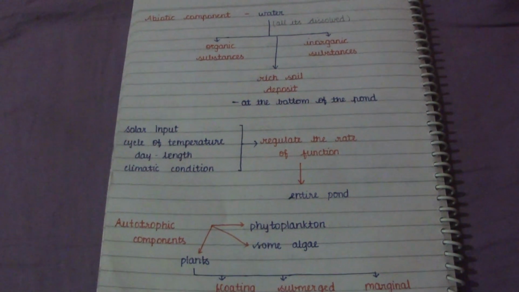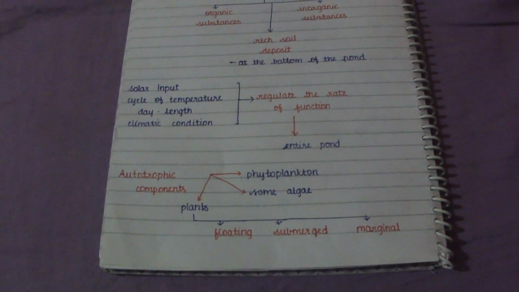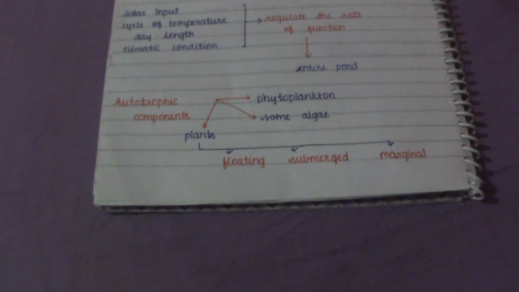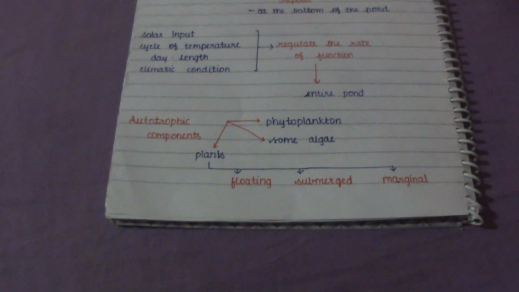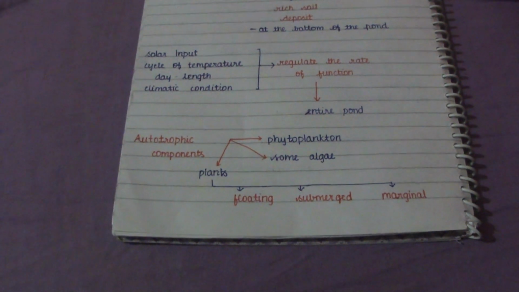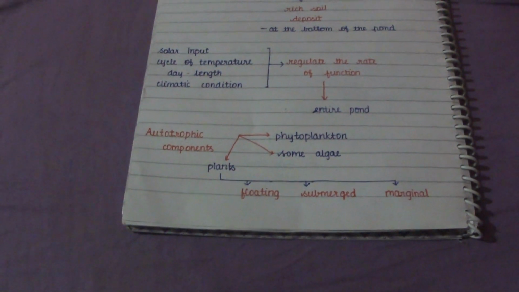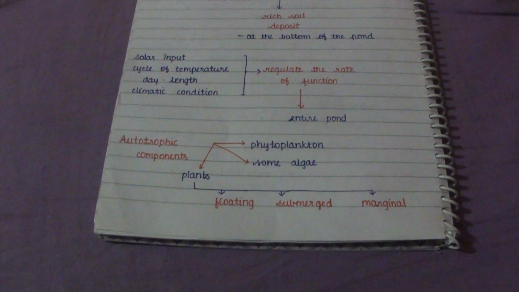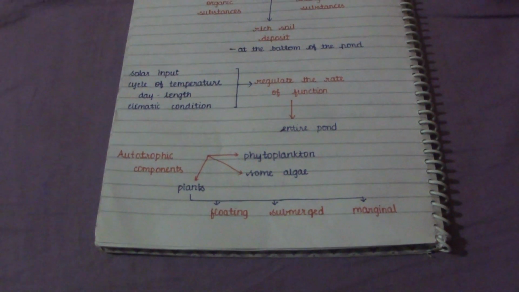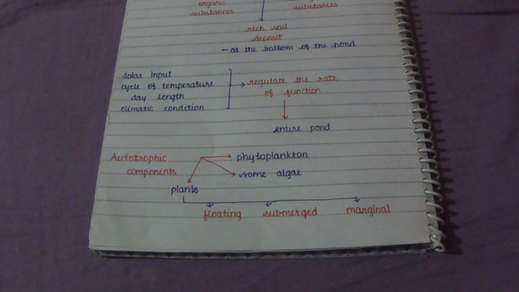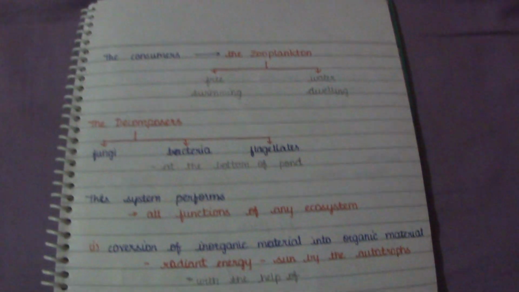When we discuss the autotrophic components, they may be phytoplankton, some algae, and plants, which may be floating over the surface, submerged, or marginal.